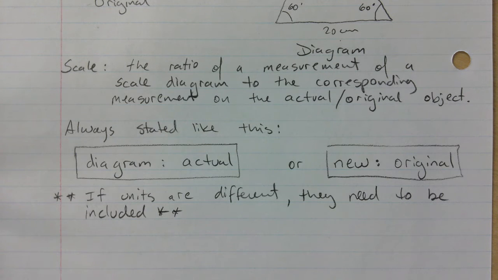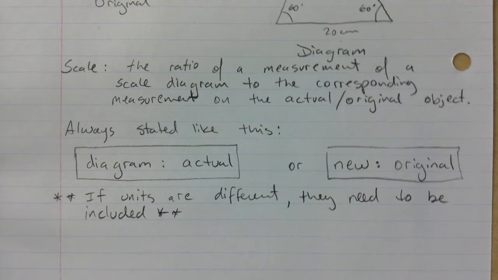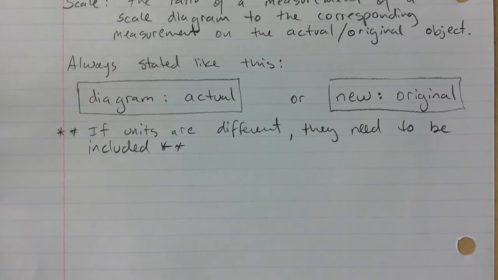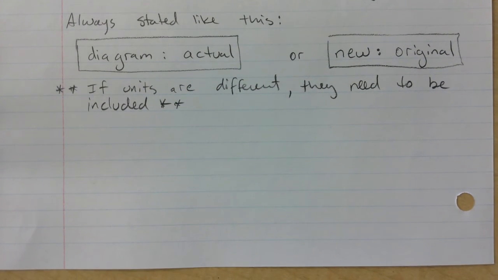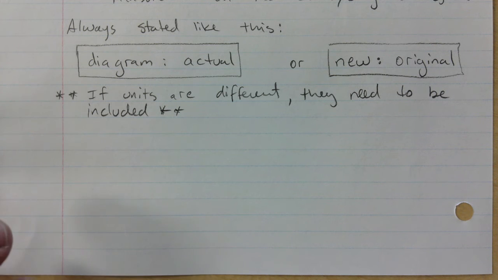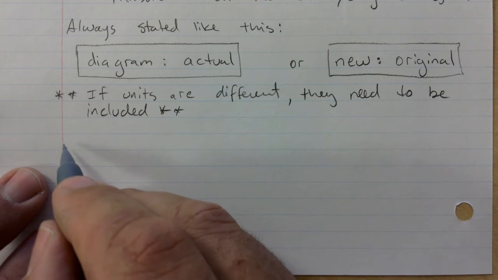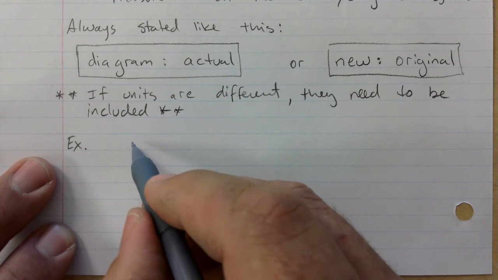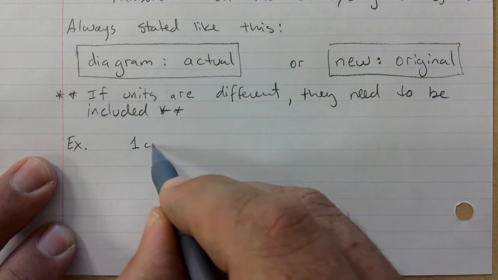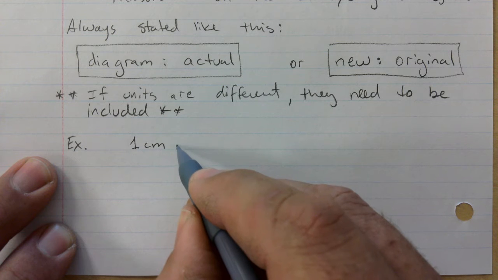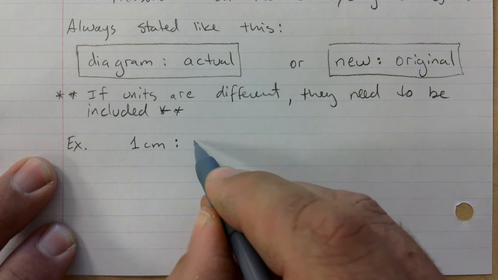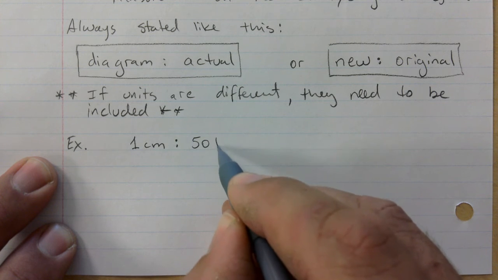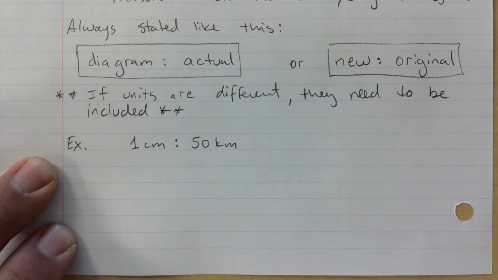But if they are different, like on a map, they're not the same, then you would include the measurements there, okay? Example: 1 centimeter represents 50 kilometers, so this would be on a map.